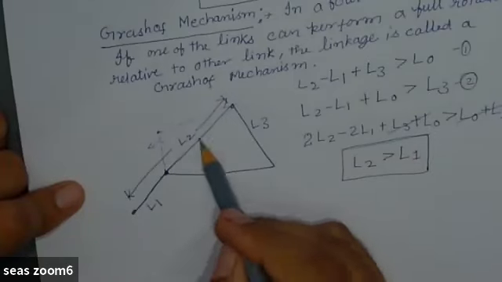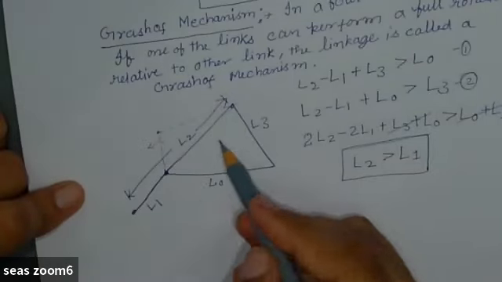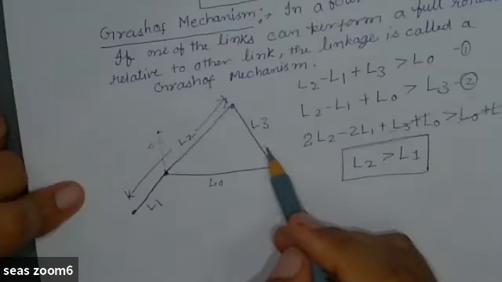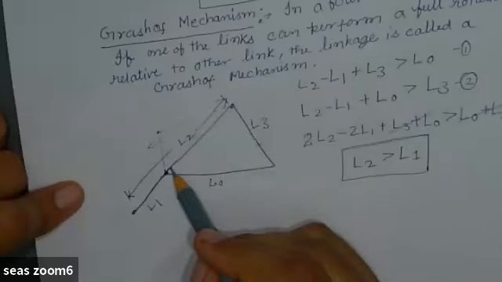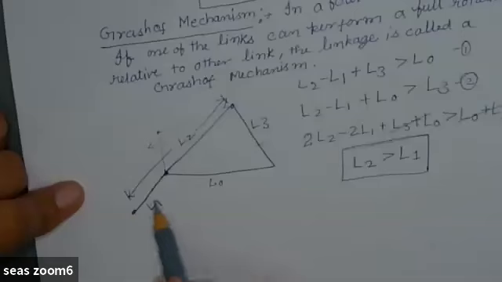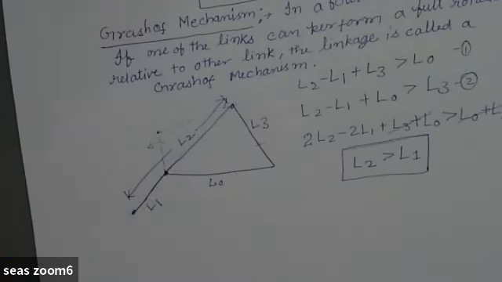Here L2 is the coupler, or connecting rod. This is the rocker. So the connecting rod is always greater than the length of the crank, or the crank is the shortest element in a Grashof mechanism.